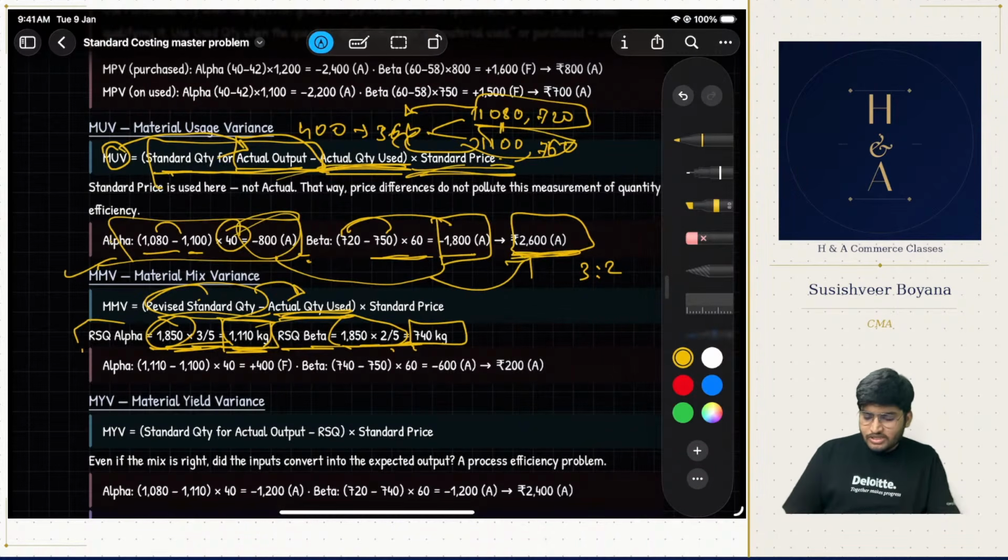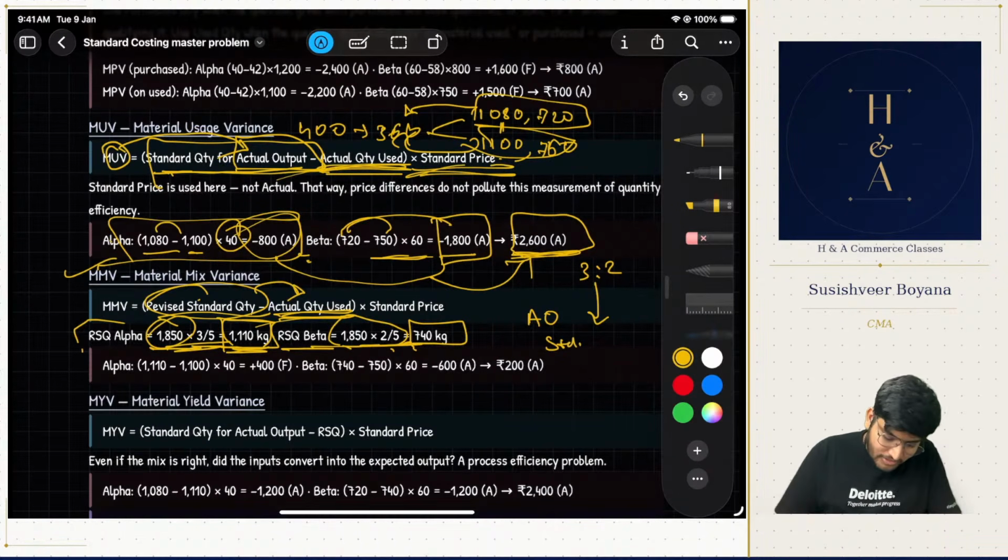But I should also understand, did they go in 3:2 ratio? For actual output, do I know the standard quantity used in the standard ratio? Did I use it or not? We probably are not aware. That is the reason why we separately calculate RSQ, see the difference with the actual quantity used, and multiply it with standard price to get material mix variance.